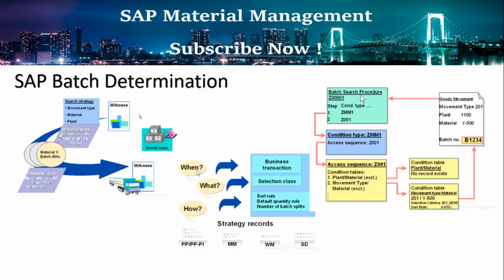In PP, in production, you can use batch determination in production and process orders, and run schedule headers to find suitable material components for the product to be produced, and pick these from stock. In sales, SD, it is possible to determine batches that match customer specification.